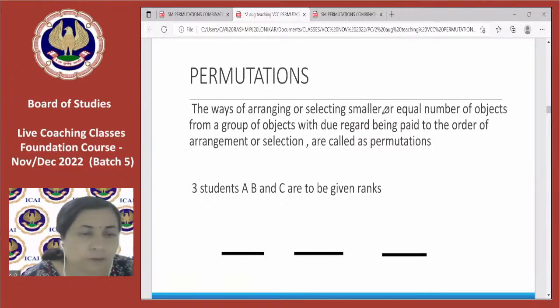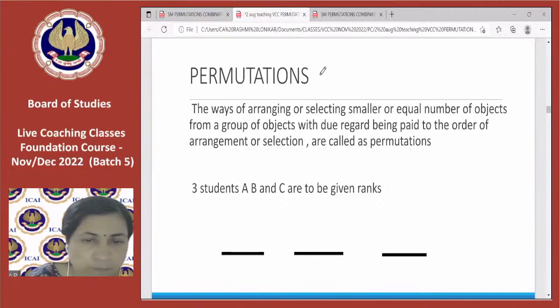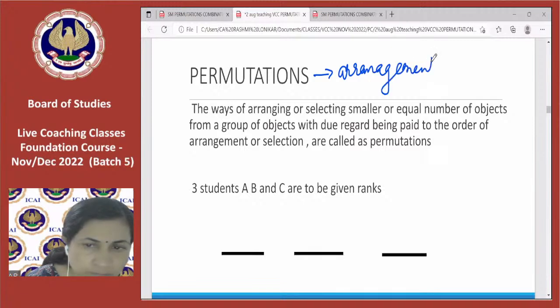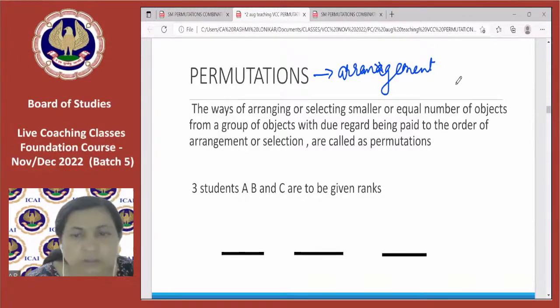So when you are talking about permutation, our important word is arrangement.